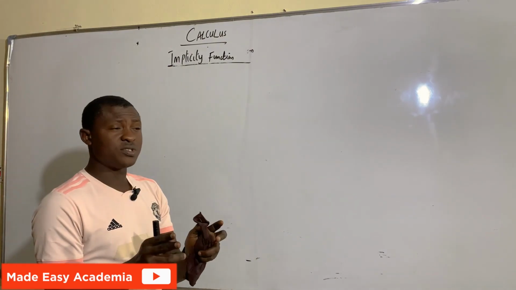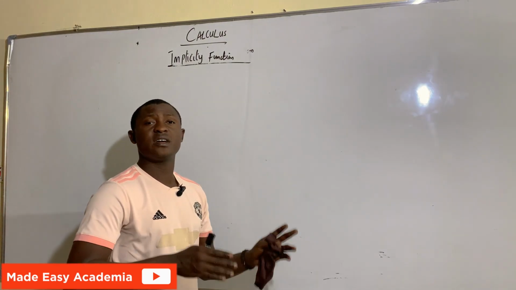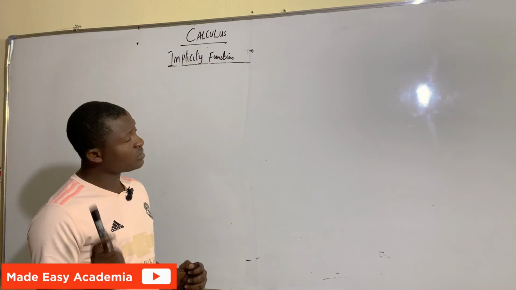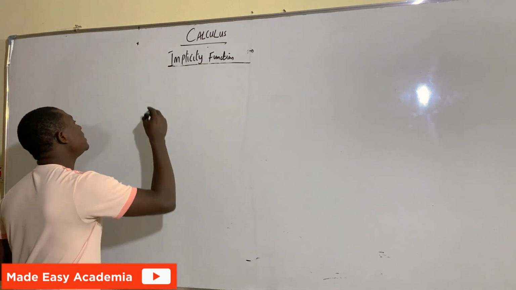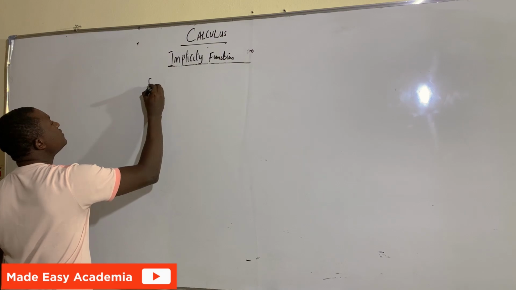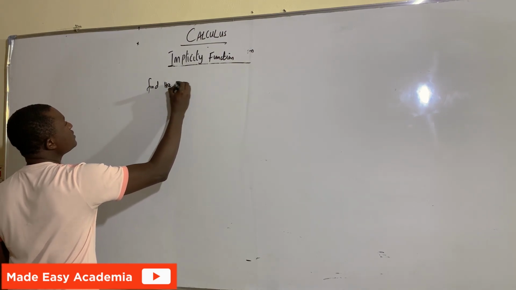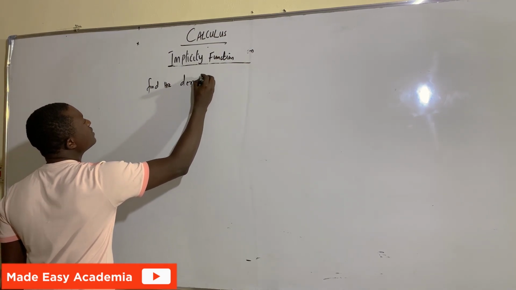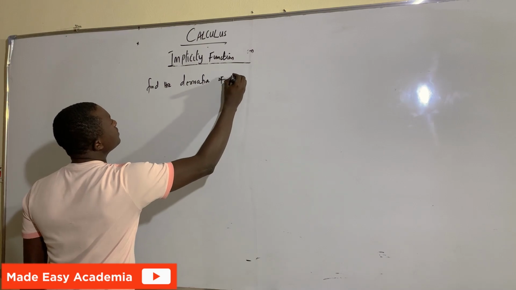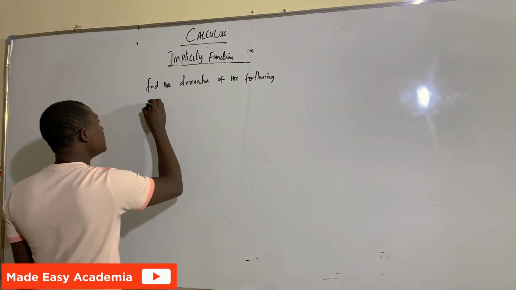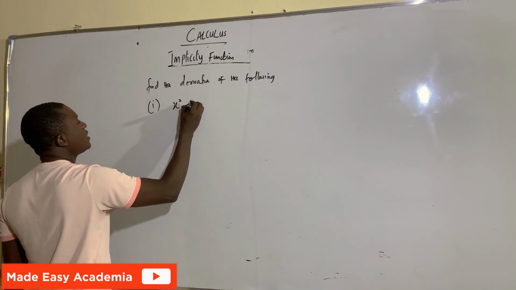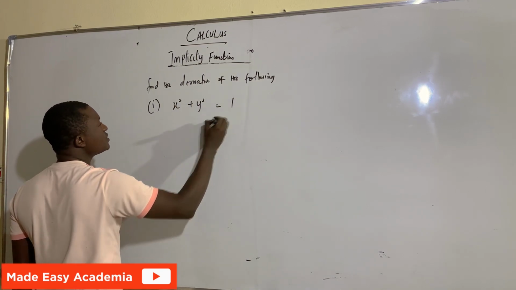We tell you that, of course, you need to differentiate x, at the same time you need to differentiate y. So, let's say for example, find the derivative of the following. Let's say we have a problem like this: one, x squared plus y squared is equal to 1.